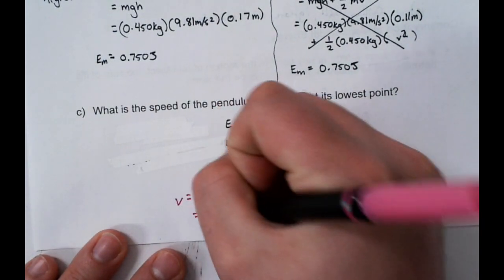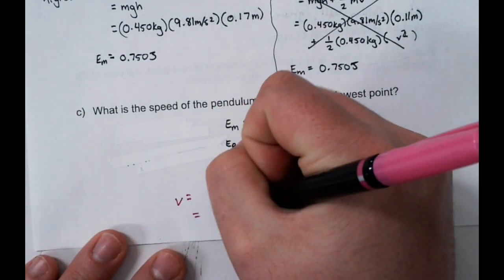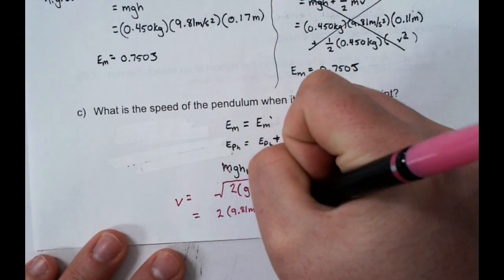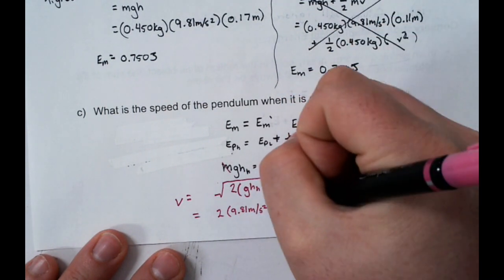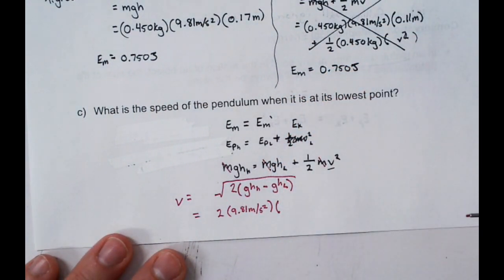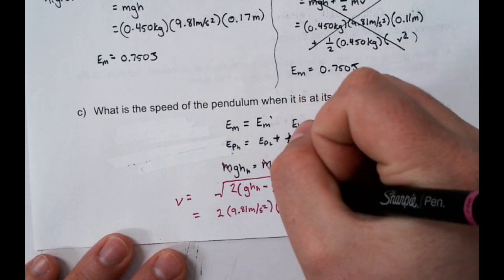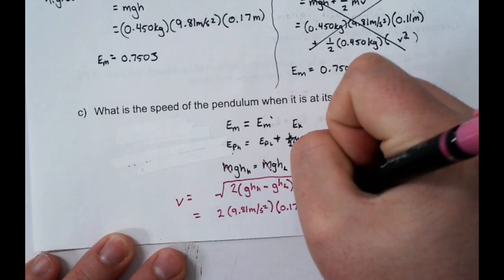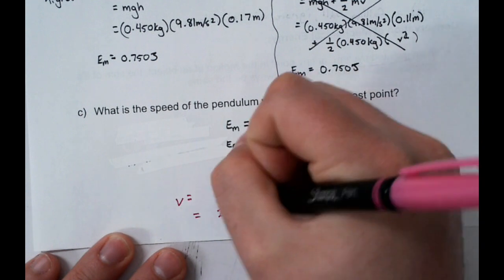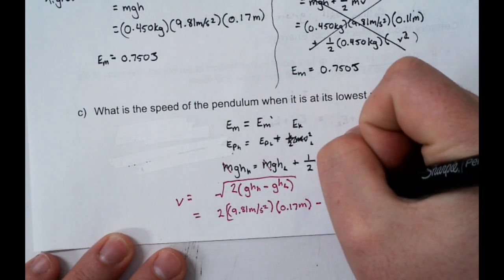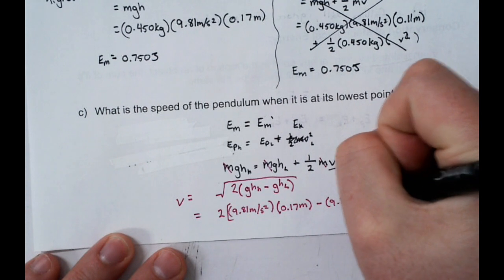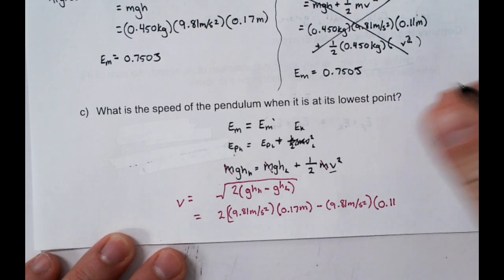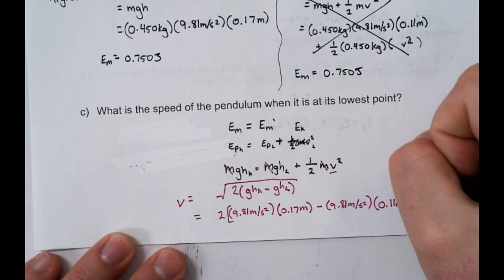Alright, when we're plugging in, we have 2 times 9.81 meters per second squared times the highest point of our height, 0.17 meters, minus our lowest point, or sorry, our gravity, 9.81 meters per second squared, times our lowest point, 0.11 meters.